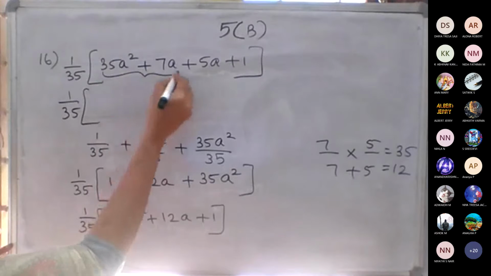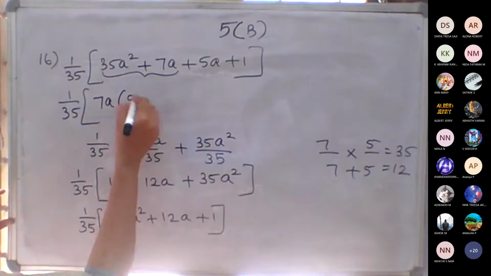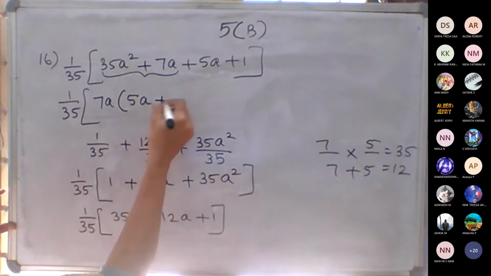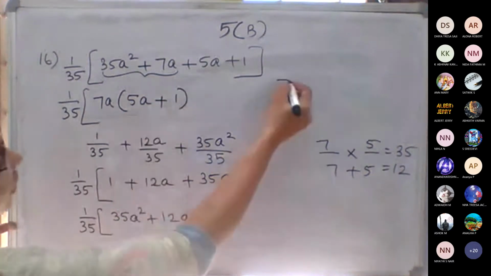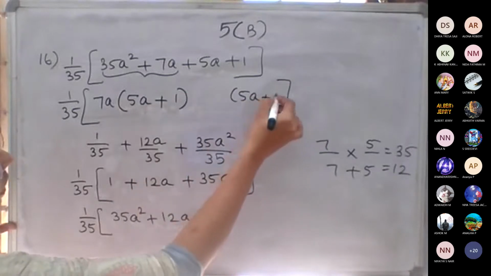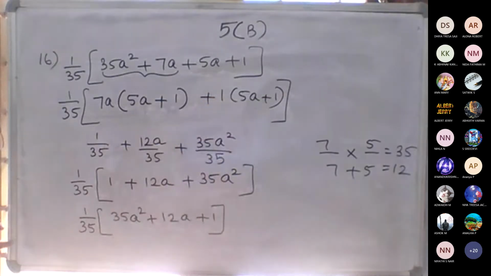From here, which one can we take common? 7a. The balance you can write inside the bracket: 5a plus 1. Then the same 5a plus 1 we have to adjust, so we want to write it as plus 1.